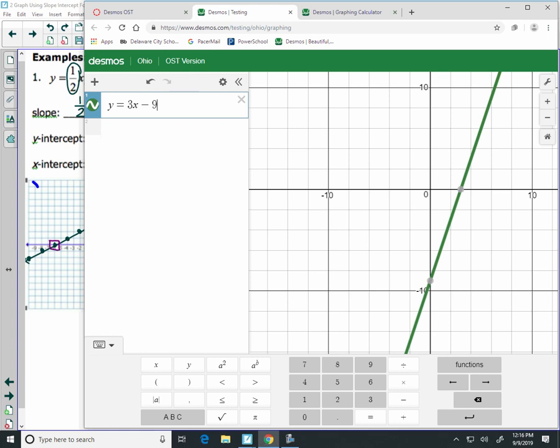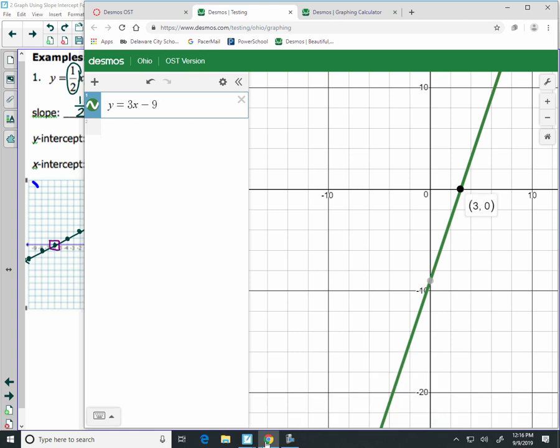Desmos will always give you the X-intercepts and the Y-intercepts. And those points are usually the points that you want more than anything. And they make them these little clickable dots. And they give it to you as an ordered pair, which is exactly how we're asking you to write them.